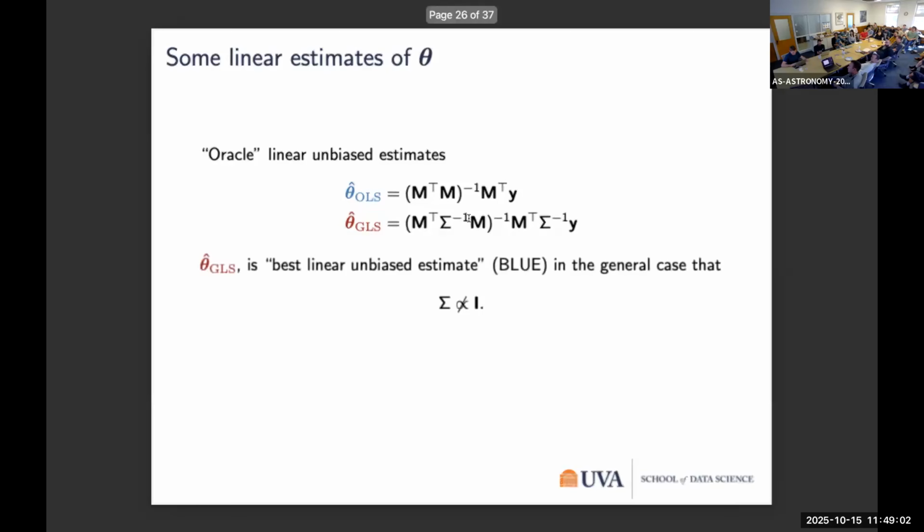All right, so in general, this GLS estimate is like that first example that I was showing. This is the best that you can do in the general case where this covariance matrix is not proportional to the identity. So it's not just constant like in that one-dimensional example, but it's also not constant in all the directions like the identity describes.